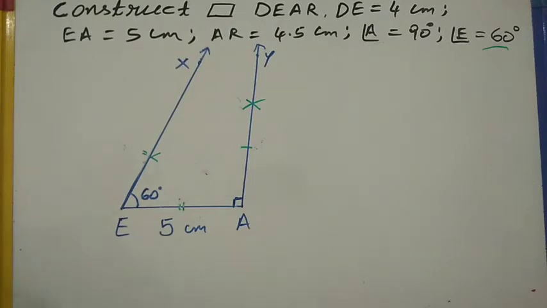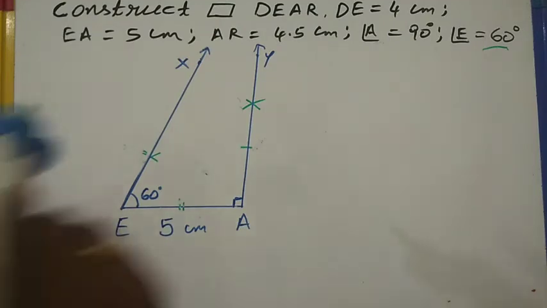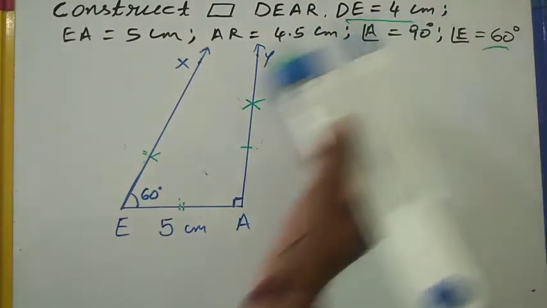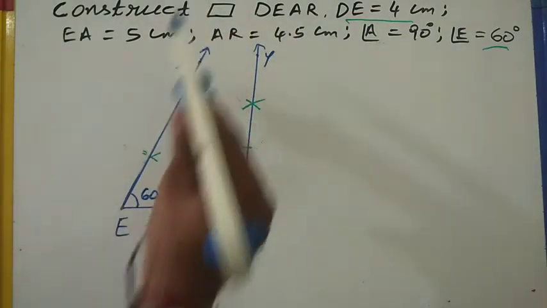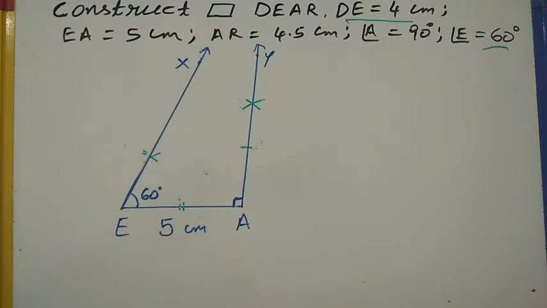Now, to find D, I am making use of the length of DE to find the point D which lies on EX ray.